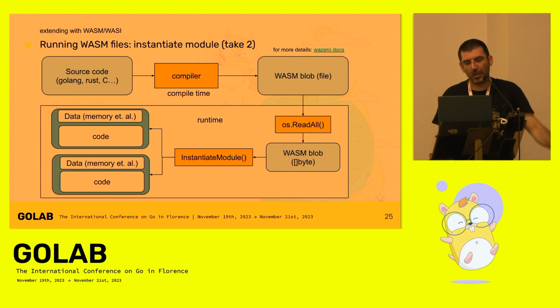For example, we can take all the input from the standard input, bind it to the module, let it run, and collect the output. It's the simplest model, but it runs as a side effect, because the entry point is not called explicitly, it's called implicitly, and you can add your behavior in there.